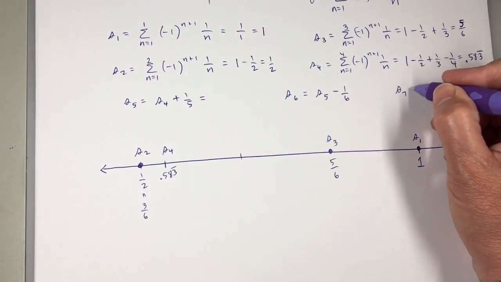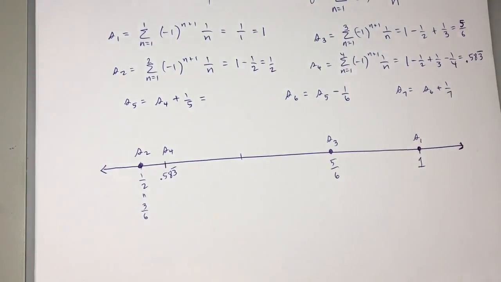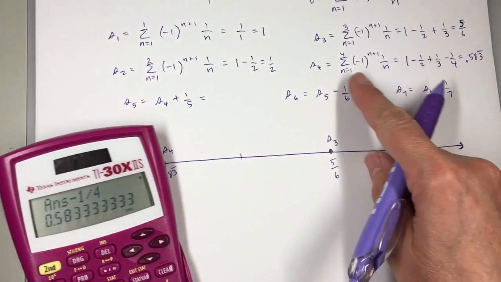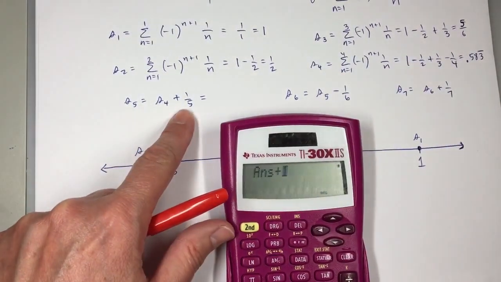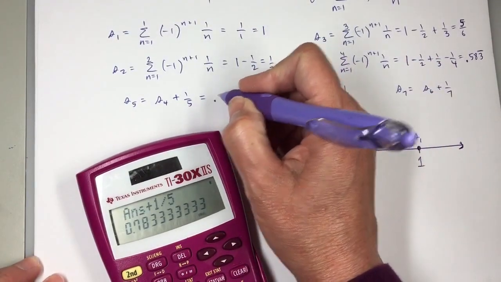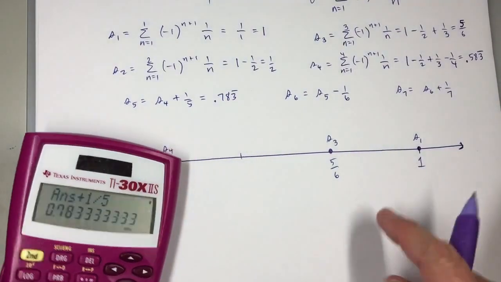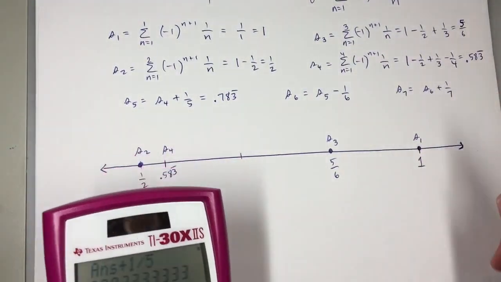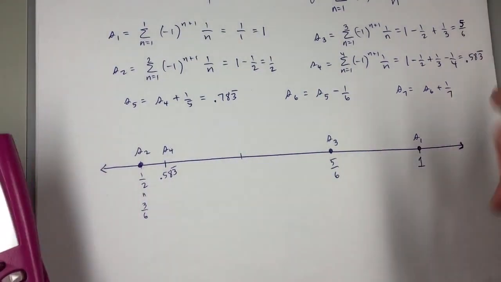S sub 7 will be S sub 6 plus 1/7. So let's see, I have S sub 4 in the calculator. I'm going to take that and do plus 1 divided by 5. 0.78 with repeating 3. So I didn't get the decimal for 5/6, but I'm not sure what it is.